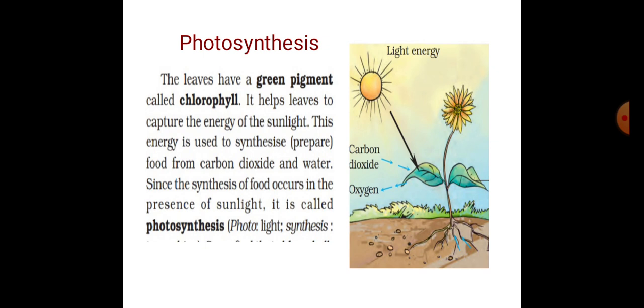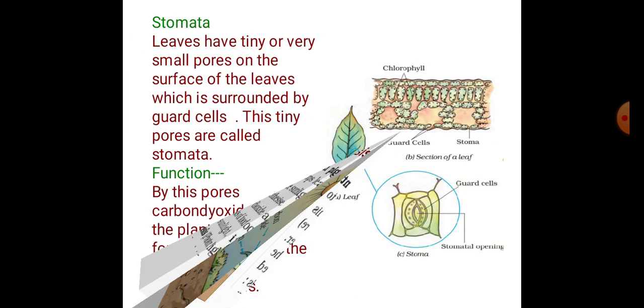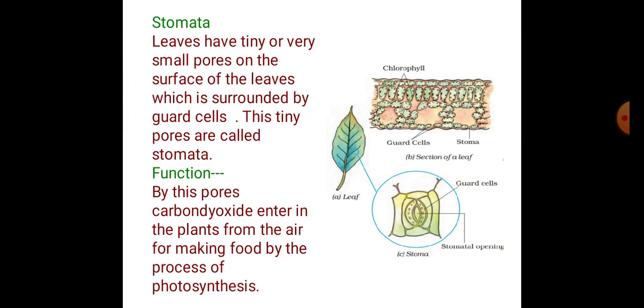Now, what is stomata? Let's understand. Students, leaves have tiny pores, or small pores, on the surface of leaves. Through these pores, carbon dioxide enters the plants from the air.